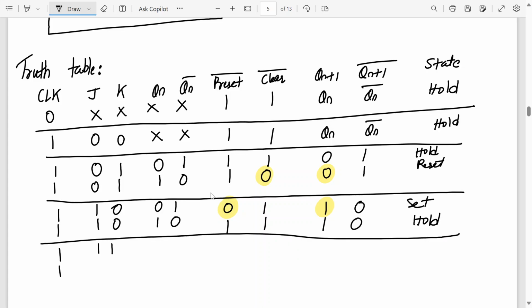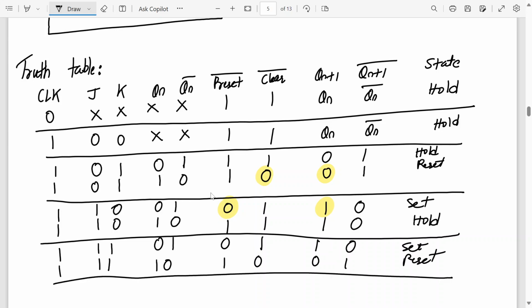Now we'll go to the last state. The previous state will be 0 1, this will be 1 0, this will be 0 1 1 0. So here what you will get, preset meaning 1, Q is 1 and Q bar is 0, and here clear is active, so it will be 0 1. So this will be the set reset condition, and that is why we were getting a not allowed state before, now we are getting a set reset state, right?